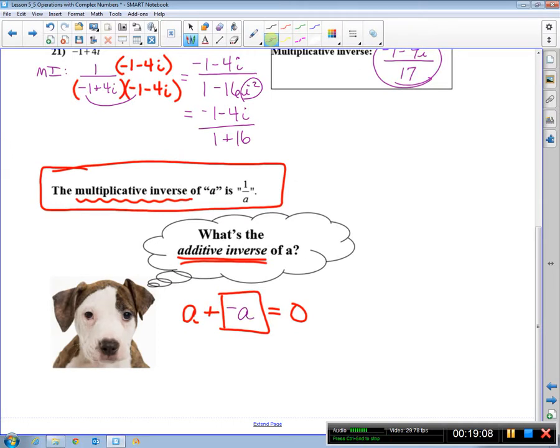It's the negation of whatever you have. So, what's the additive inverse of 4 minus 7i? I need to get 0 if I add it to 4 minus 7i.